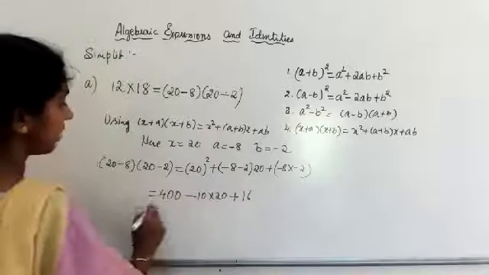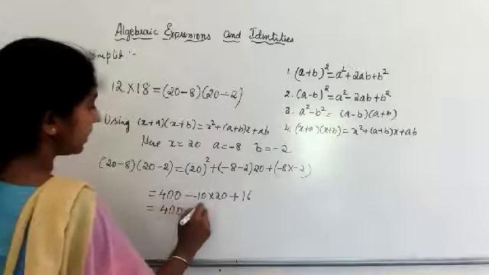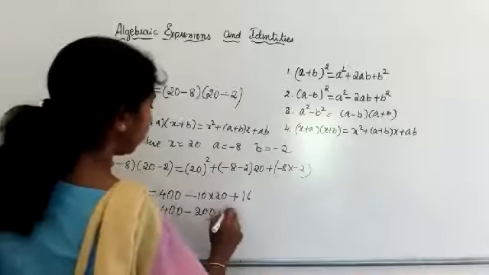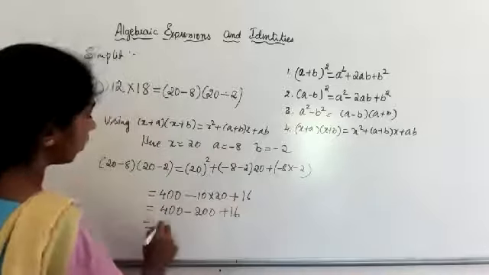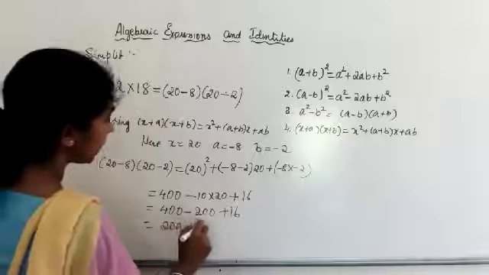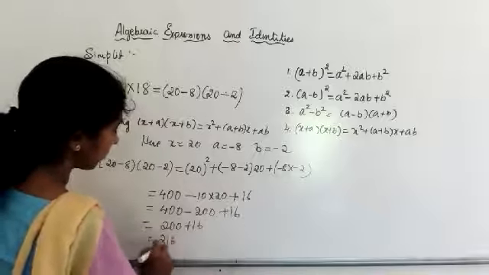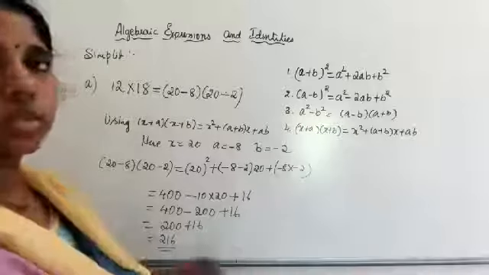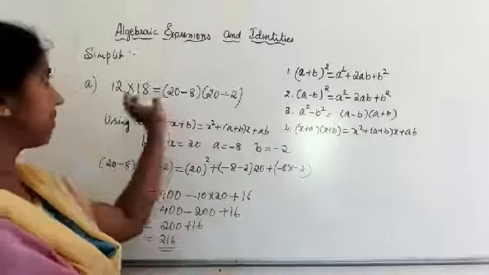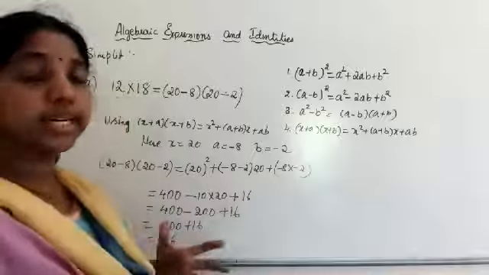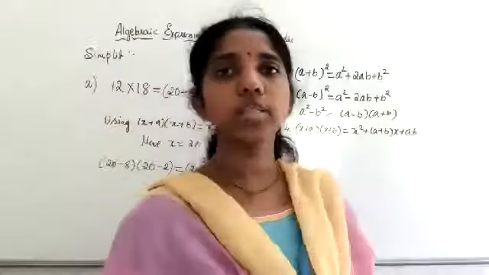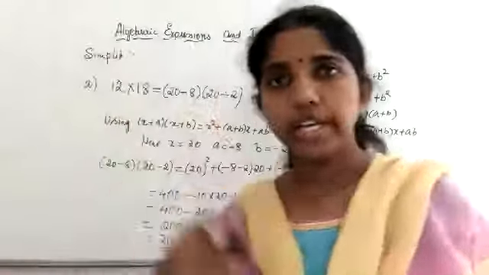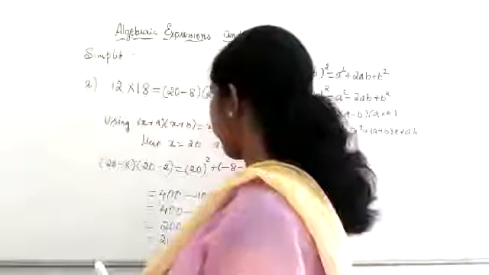So this will be 400 minus 200, 10 into 20 is 200, plus 16. So this will be 200 plus 16, that is 216. The final answer is 216. So you have to simplify this. You have to split the number into a sum or the difference of other numbers, and then keep simplifying.